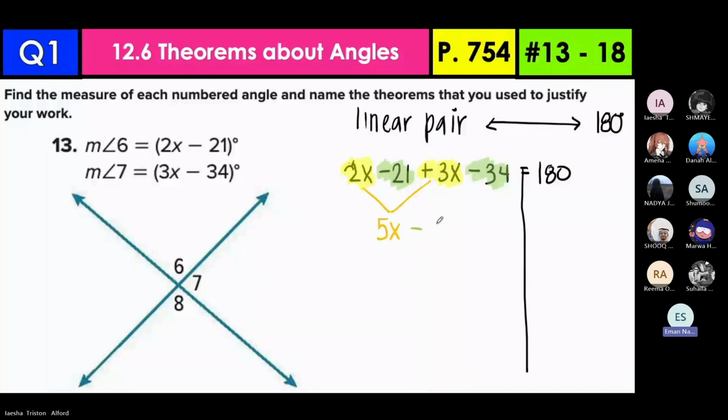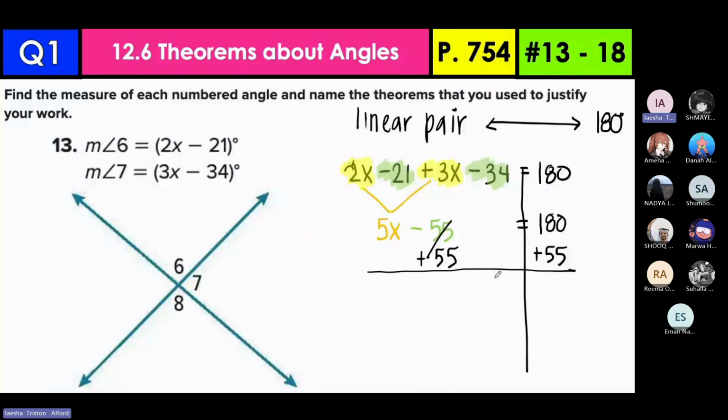Negative 55. Bring everything down, equal to 180. Then add 55 both sides. This is 0. 5x is equal to 235. Divide by 5. X is equal to 47.